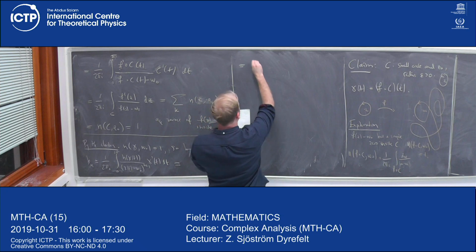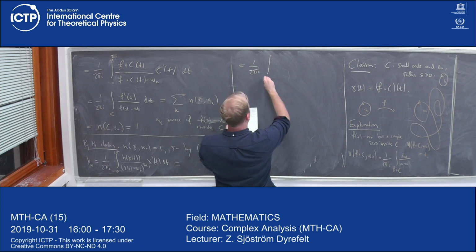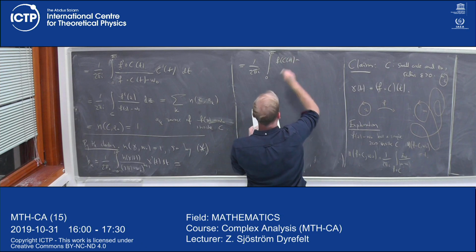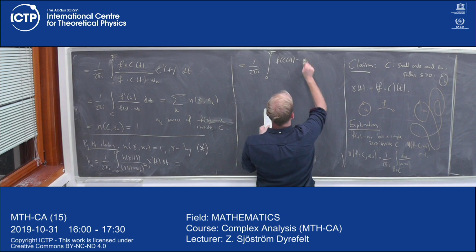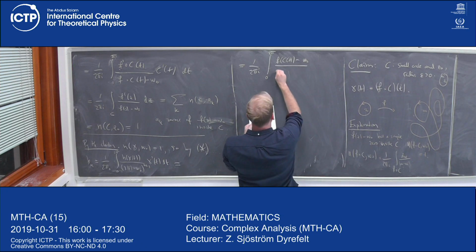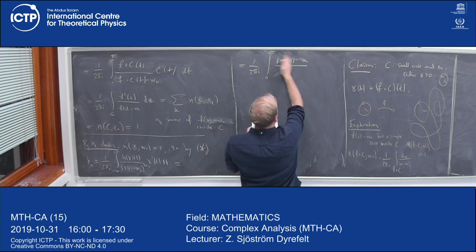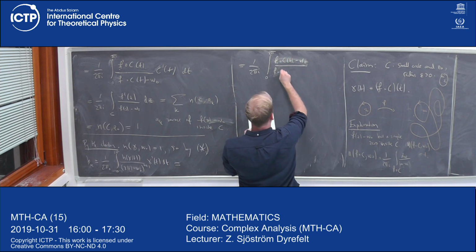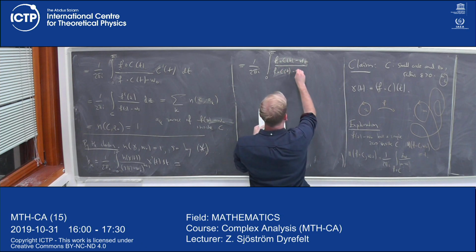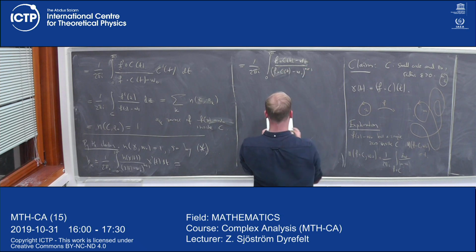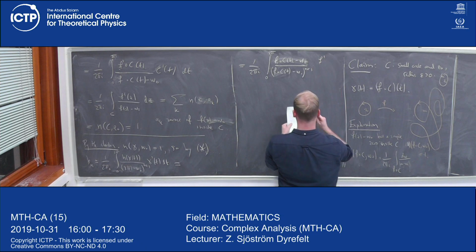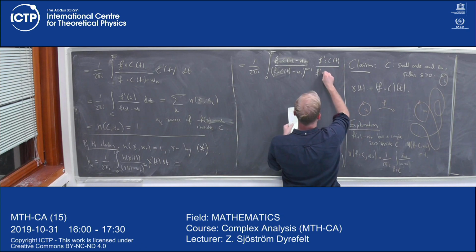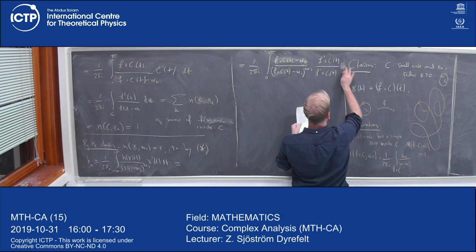So this is equal to 1 over 2 pi i, the integral from 0 to 2 pi, of f of c of t minus w0, divided by f composed with c of t minus w0 to the power n plus 1, times f prime of c of t over f prime of c of t, dt.